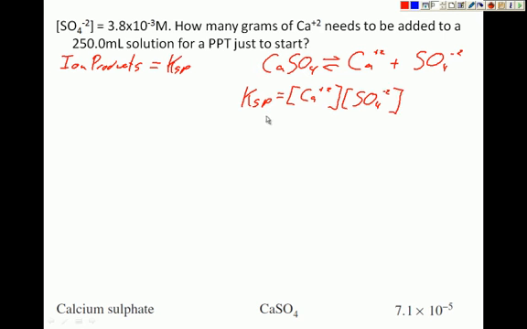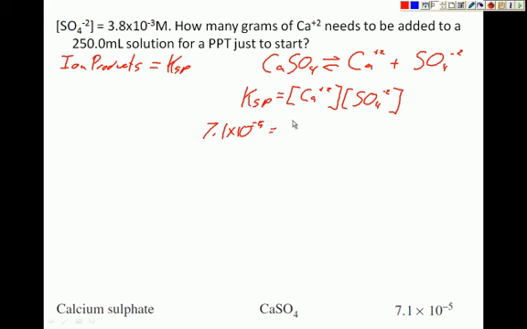Now we know some of these values, so again, KSP is going to be 7.1 times 10 to the minus 5. So let's fill in some of these things. 7.1 times 10 to the minus 5. And that's right from our table that we're given.